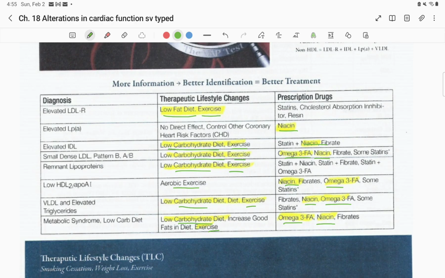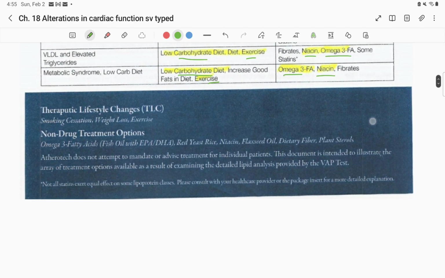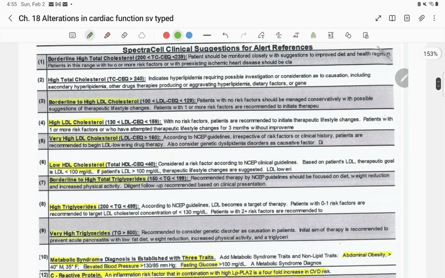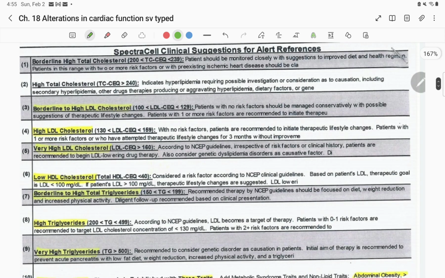Okay, so on this next one, this is another patient education handout that I give to my patients, and we go over whatever their labs say. For example, if their labs come back with high cholesterol, then I go over this with them.